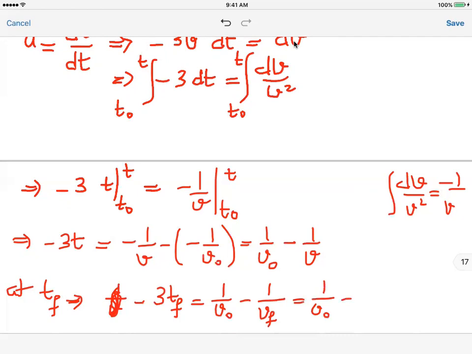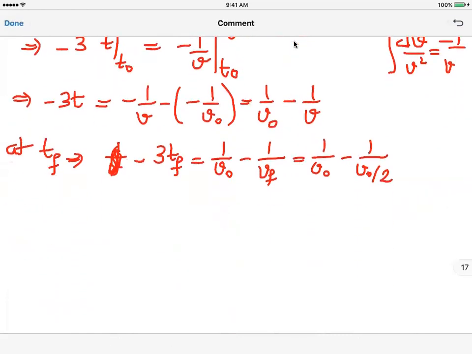So it's 1 over v0 minus 1 over v0 divided by 2, right? And so this yields 1 over v0 minus 2 over v0, which is equal to minus 1 over v0. So we end up with minus 3 t final equal to minus 1 over v0.